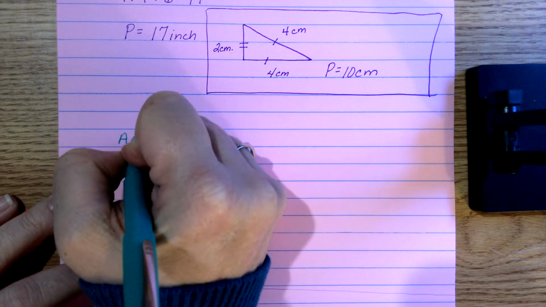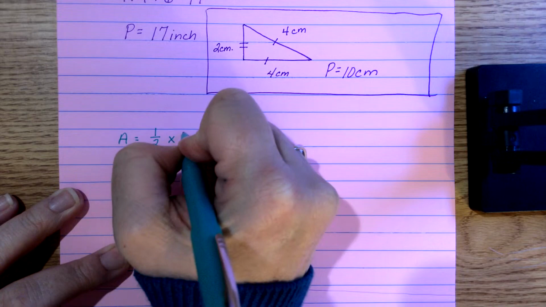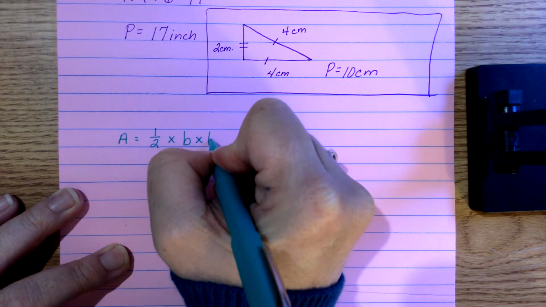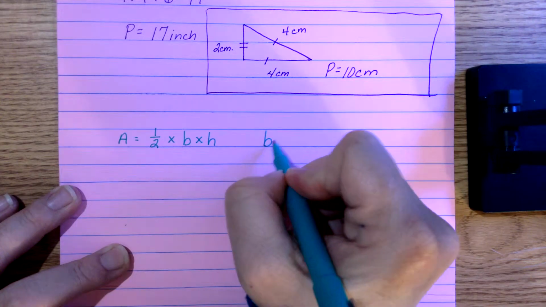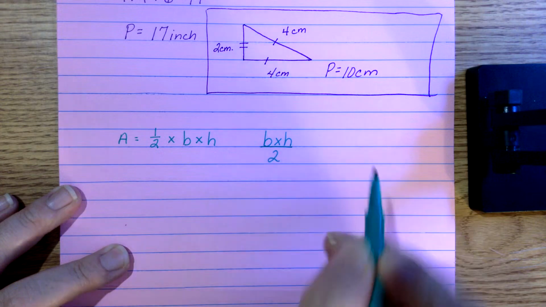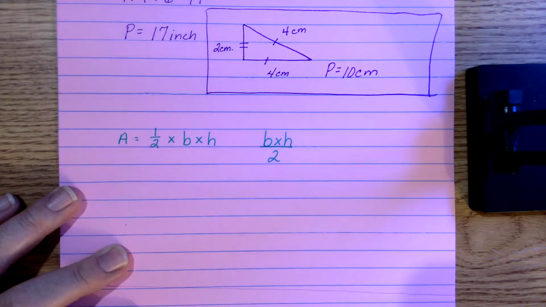So the area of a triangle equals 1/2 times the base times the height. Another way you might see it is base times height divided by 2. These mean the same thing.